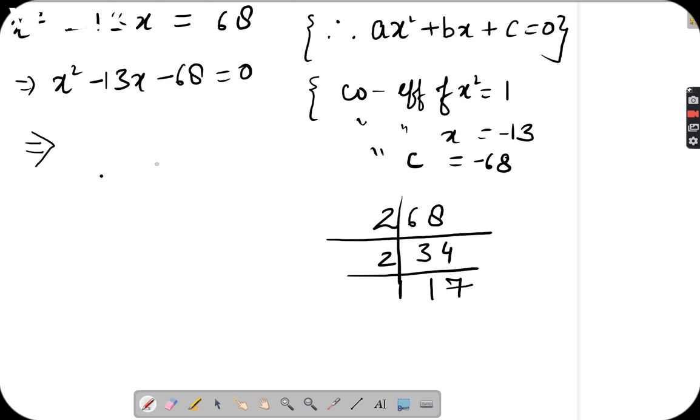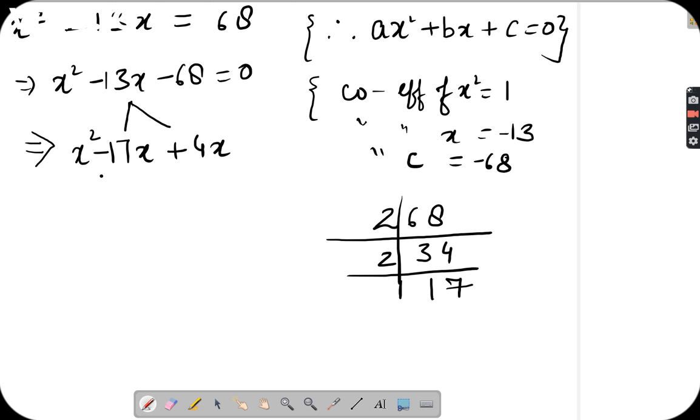Since the value of b, the coefficient of x, is negative, that is minus 13, not positive 13, we will write it as x square minus 17x plus 4x. So you will get minus 13x.